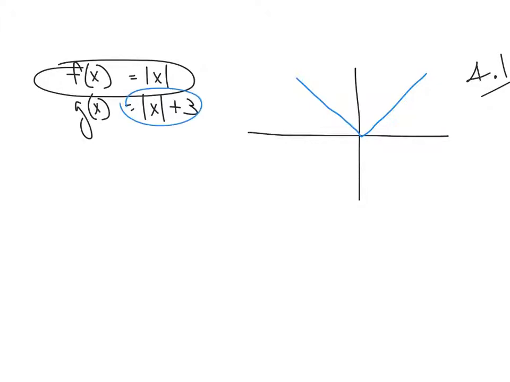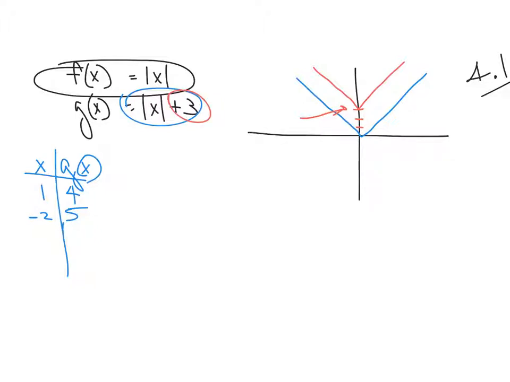When we do the same thing, when we make our x and say in this case g of x, and we say that x is 1, g of x is 1 plus 4, say x is negative 2, g of x is 5, and we get a whole bunch of information there, and we end up with a graph that's right there, which means the graph has shifted up 3 spots, okay? So we shifted it up 3 units.